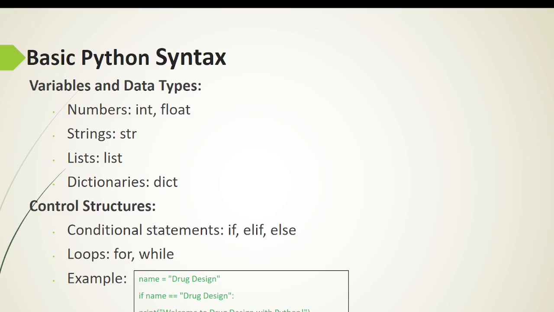And in case of else, it is a block of code used when none of the previous conditions are true. And in case of loops, there are for as well as while, designed for different sequences. I've given one example of simple syntax over there. You can use drug design in double quotes. That is simply an example of a string.